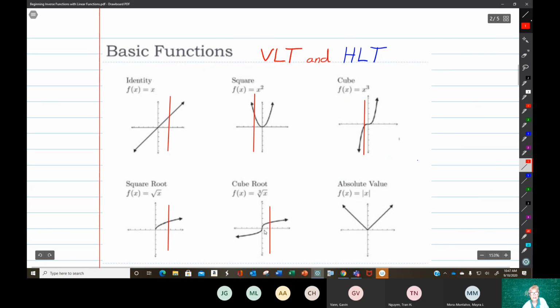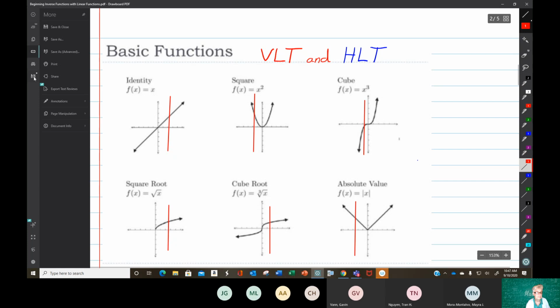It looks straight on this drawing, but really they're not straight up and down. They're just close. I mean, the graph is just close to being straight up and down. It's really slanted. Okay, all of these are functions. All of them pass the vertical line test.